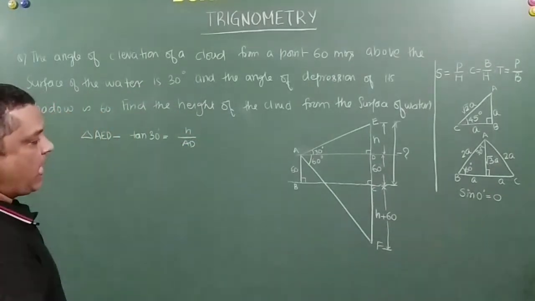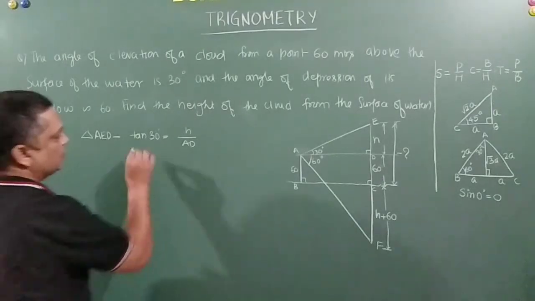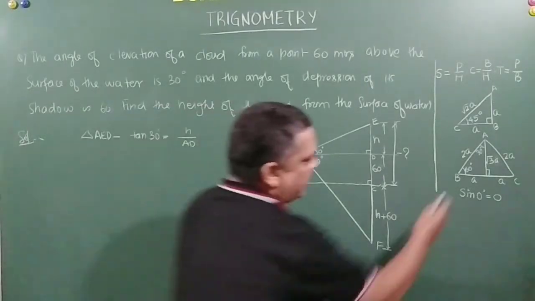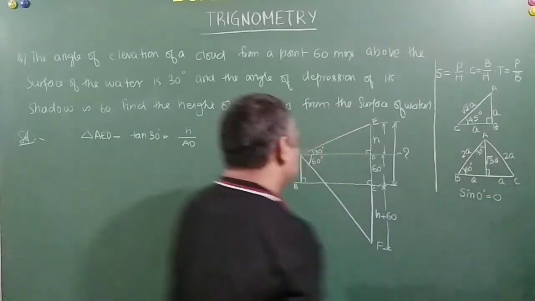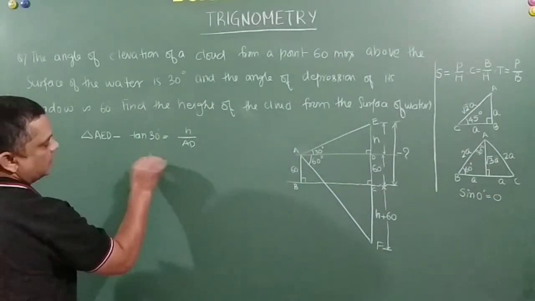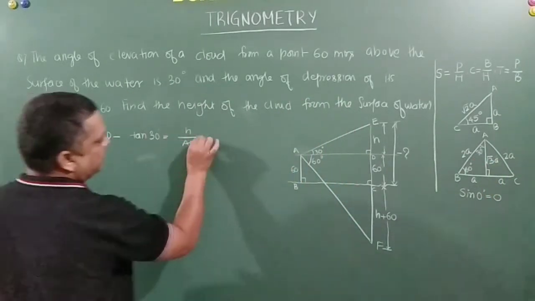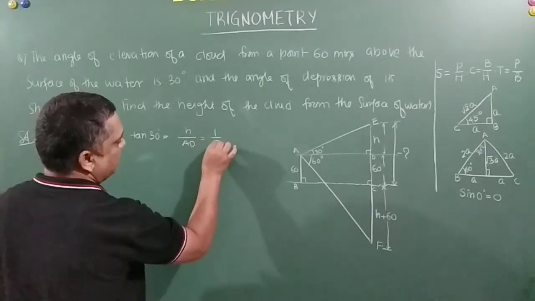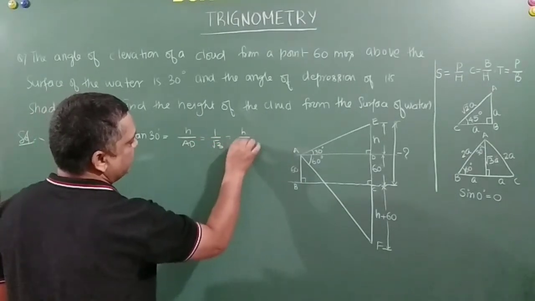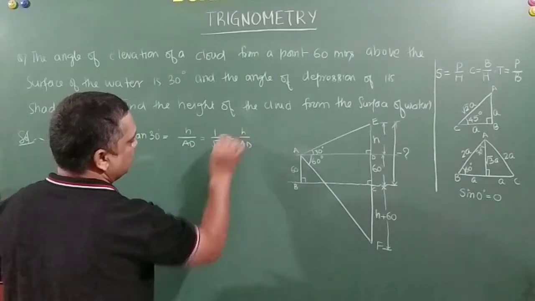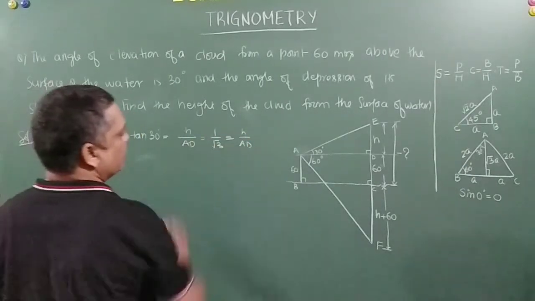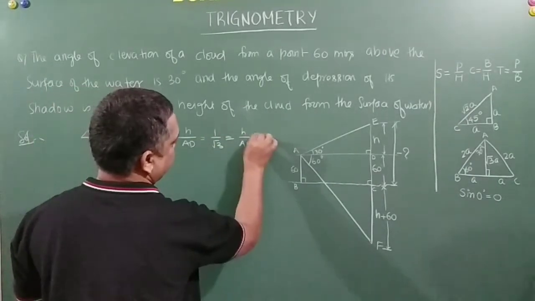Correct, friends? So tan 30 is perpendicular by base, 1 by root 3. So 1 by root 3 is equal to h by AD. So AD will be equal to h root 3.